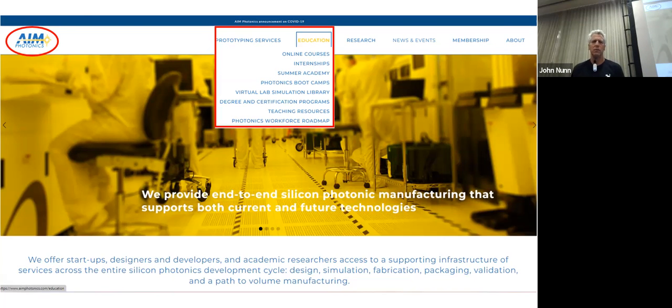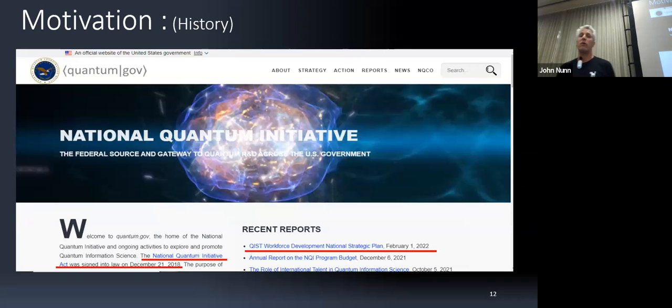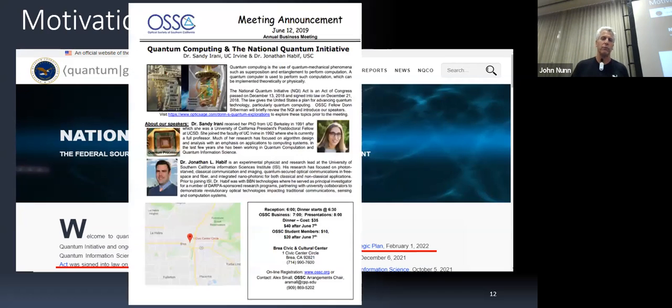And now we have the National Quantum Initiative. So you might remember, I'll show you in a moment, back in December of 2018, the federal government funded the National Quantum Initiative and set that up. And there's been subsequent refunding and subsequent federal encouragement for more people to get involved in the quantum workforce and quantum research.